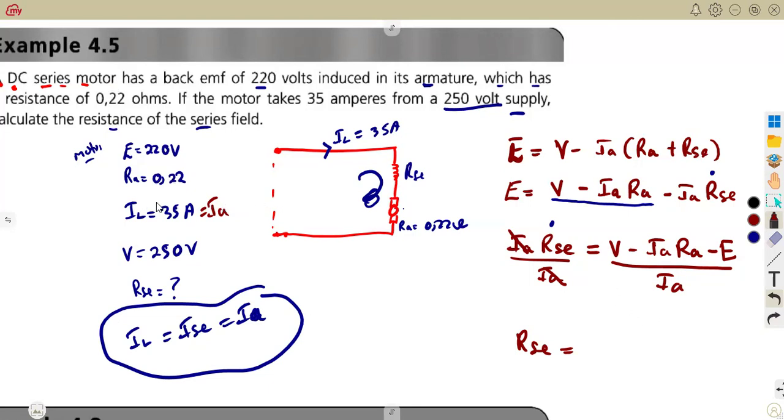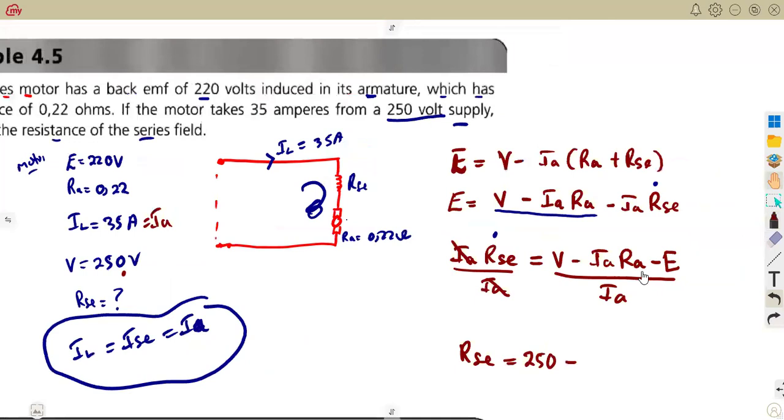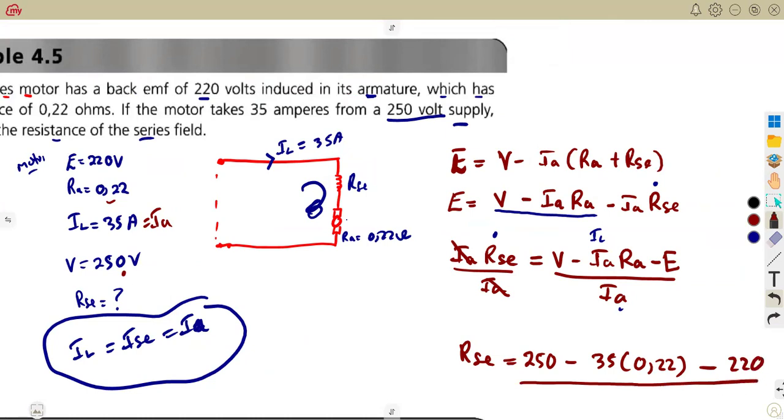What is our V? The terminal voltage, 250 minus the product of armature current, which is same as what? Which is same as the load current there. Just going to use the load current that we're given. That is 35 times what? The resistance that you're given of the armature, which is 0.22, minus the generated EMF or back EMF of 220 volts, everything over what?